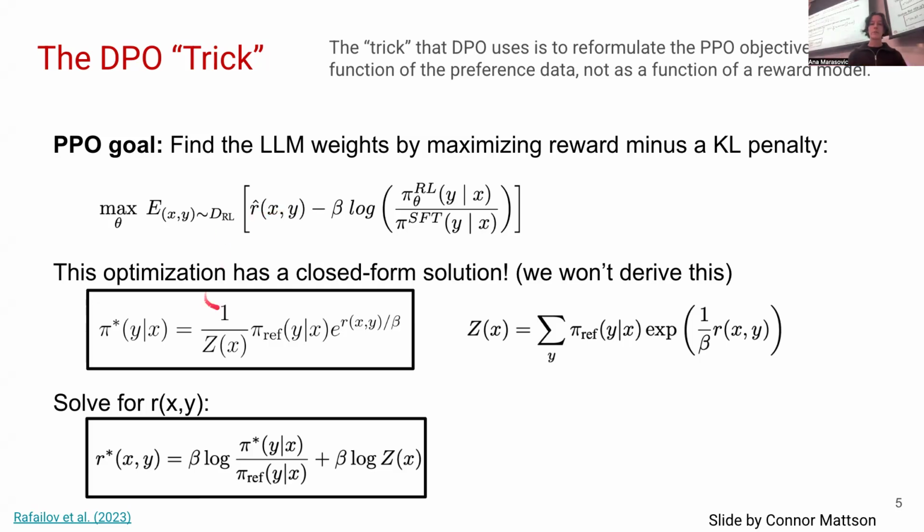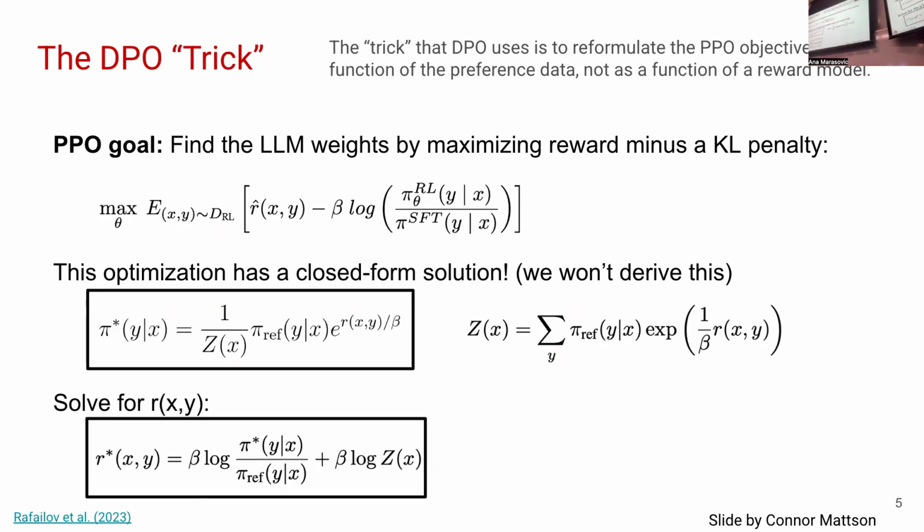And it's given by this formula that includes this term Z(x) over here. The thing with Z(x) is that we need to marginalize over all possible responses, which we really don't want to. Language is infinite, so this becomes problematic.